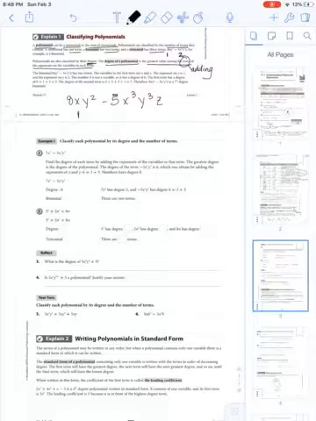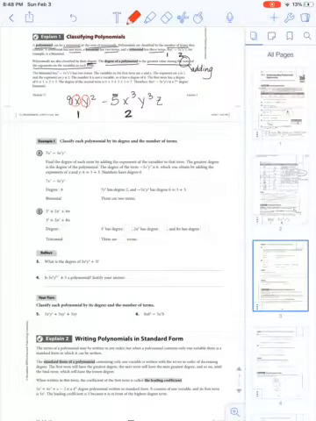So the binomial 8xy squared minus 5x cubed y cubed z has two terms. We established that, right? We have our first term and we have our second term. Okay. The variables in the first term are x and y. So we have x and we have y.